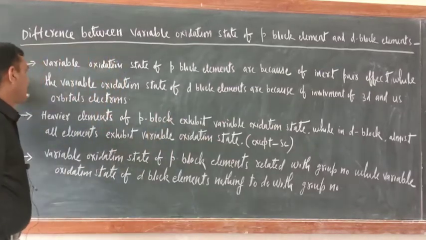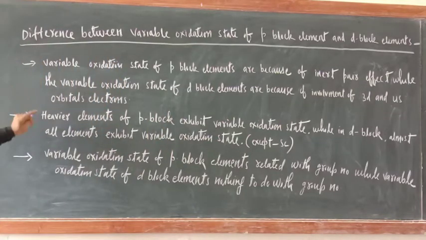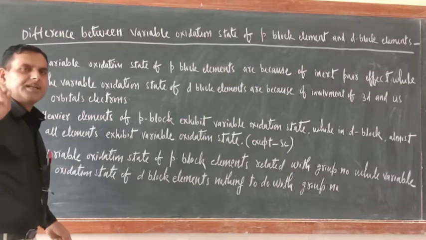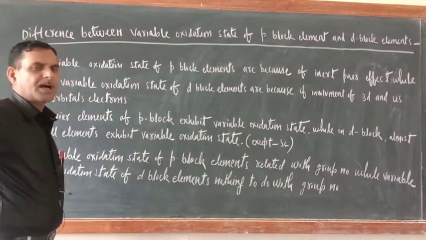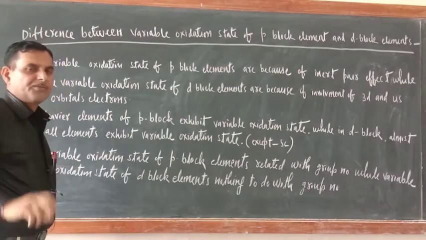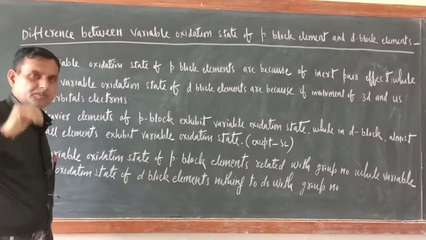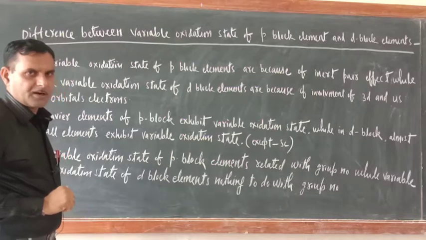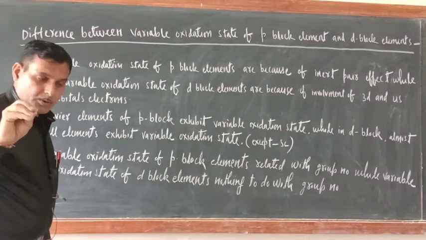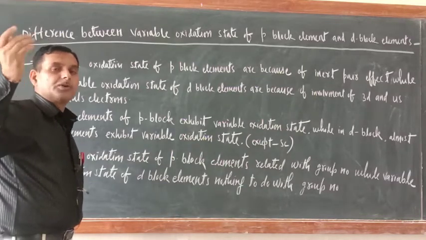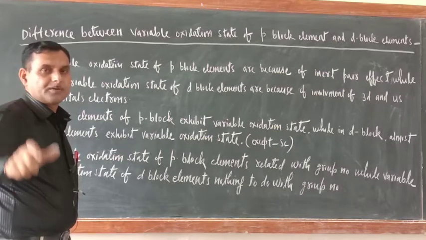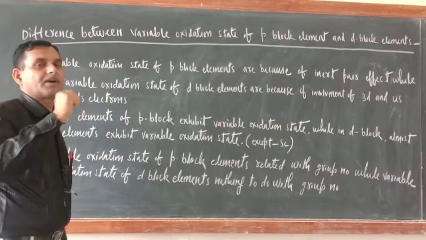Now today there is one important question. Just see. You might have seen in the p block elements, variable oxidation state in the 15th group, nitrogen, the 16th group, and last year also the 14th group, the carbon group.